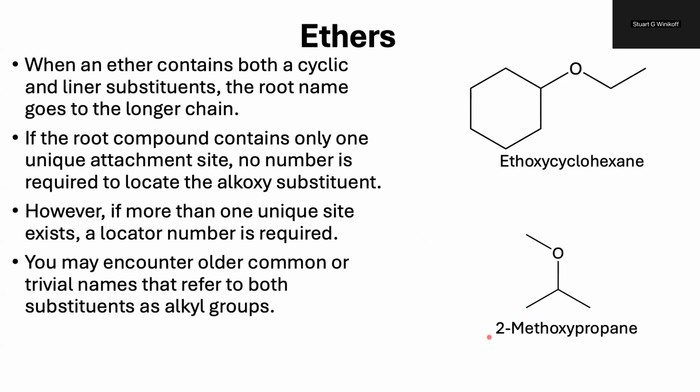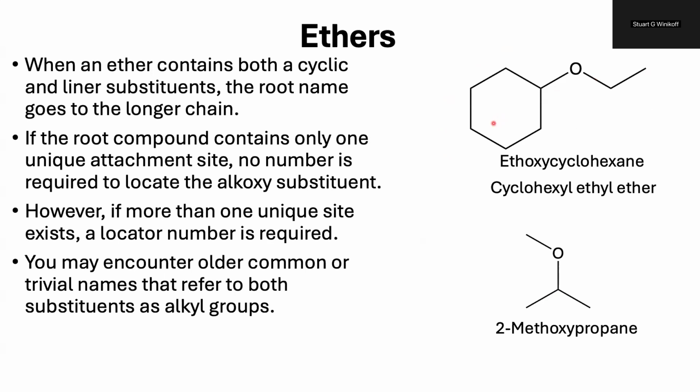Now, one of the things you should watch out for is that you may often encounter older common names, also known as trivial names. They refer to both of these substituents as alkyl groups. So in this case, we could treat this ether as a cyclohexyl ethyl ether. Again, this would be the older name.